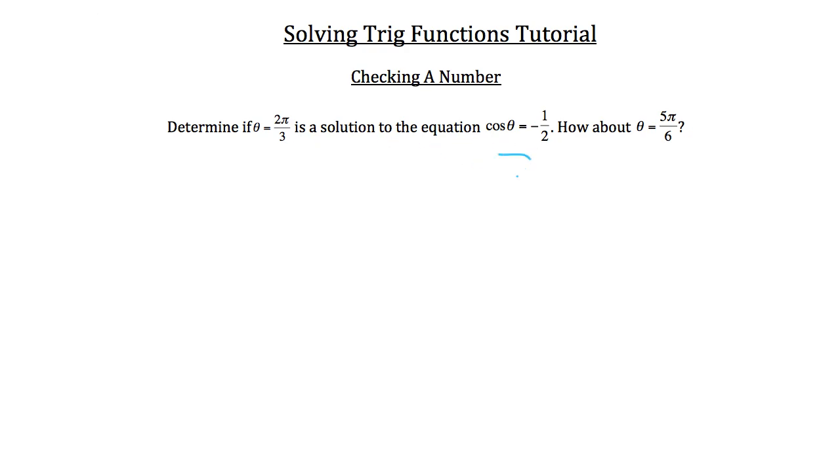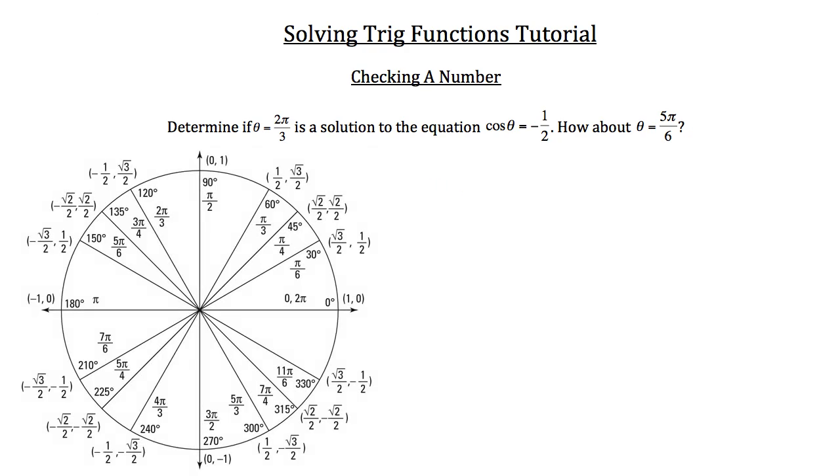So to help us out, I'm going to bring in our unit circle again. And what we want to do is check whether or not cosine of theta, and we're using this value for theta, so cosine of 2 pi over 3, is equal to negative 1/2. So what you want to do is find this value in radians around your unit circle.